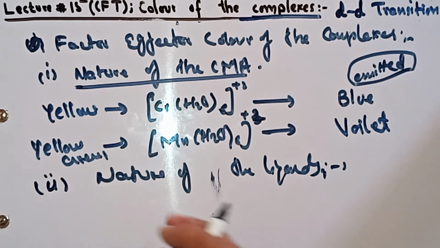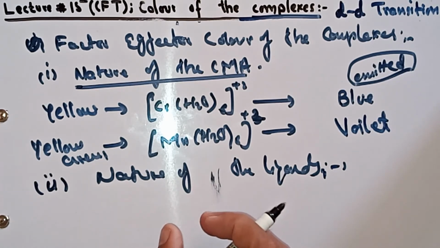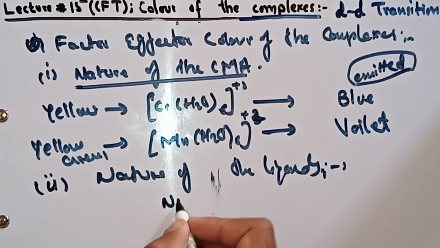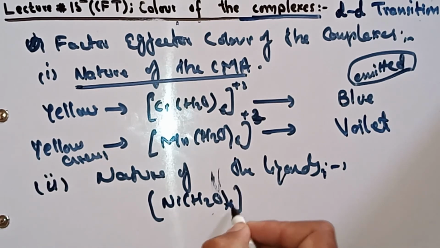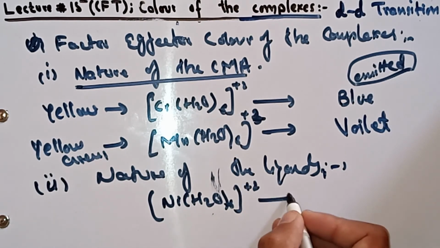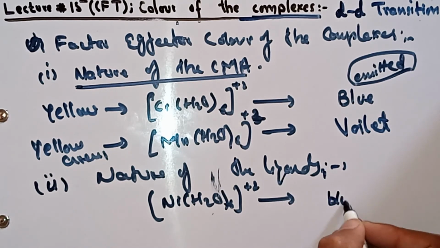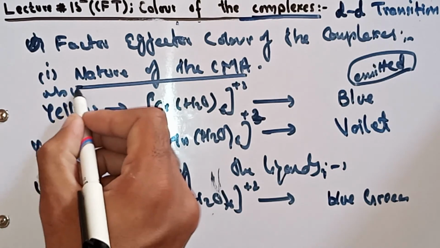When all the conditions are the same and only the ligands are different, what will happen? Like in the Ni H2O 6 plus 2 ion, the emitted color of this complex is blue green.